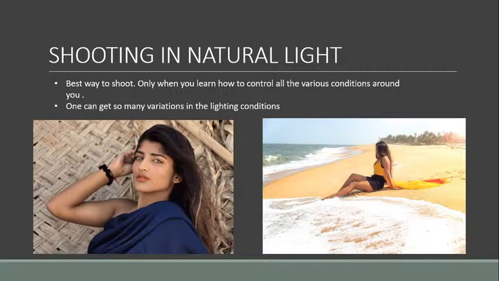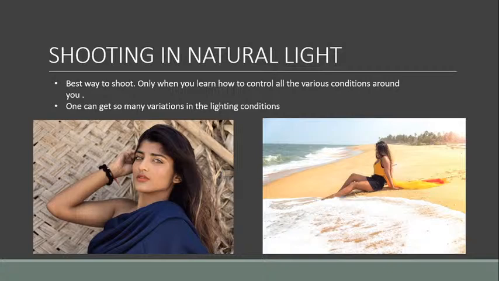For example, I'll just go ahead with a few examples of the shots I've taken, to demonstrate what different type of lighting conditions you can actually find. So in the first left hand side picture, that has been taken early in the morning around 8 or 9.